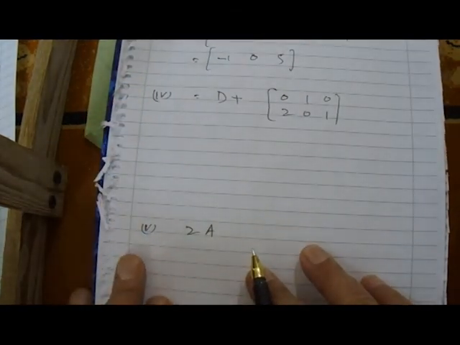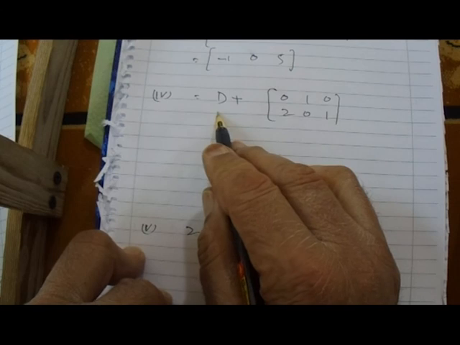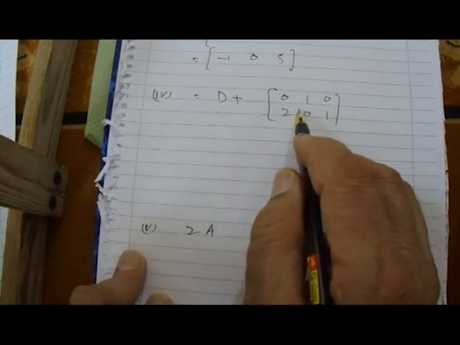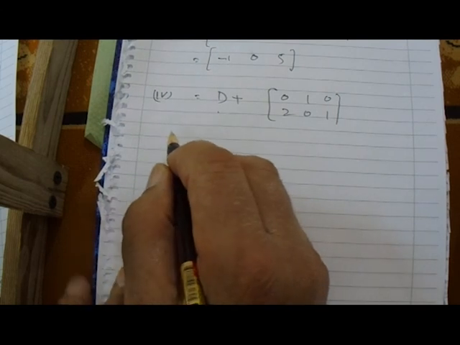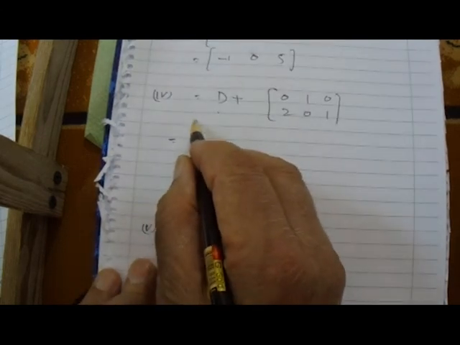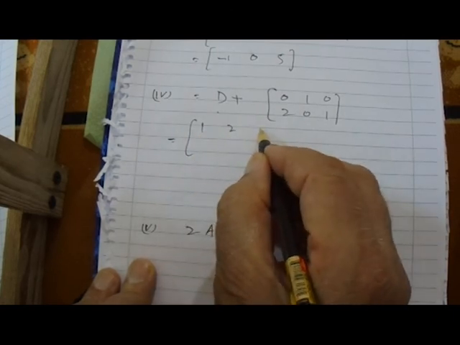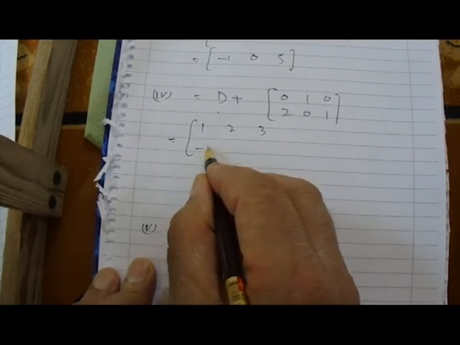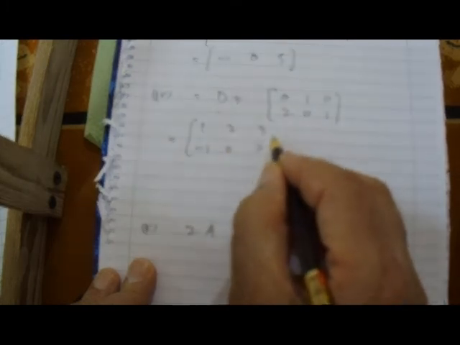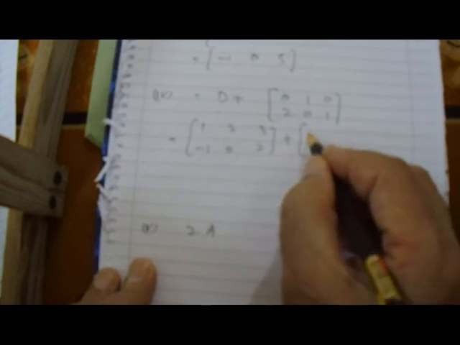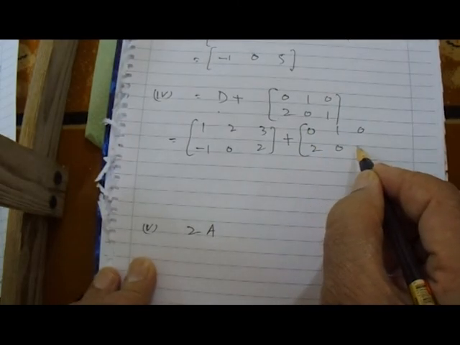Now D part, this D matrix is given here, and this matrix right here. Now we first write D matrix. D is equal to 1 2 3 and -1 0 2. Now this is our matrix. Now we write this matrix is equal to 0 1 0 2 0 1.